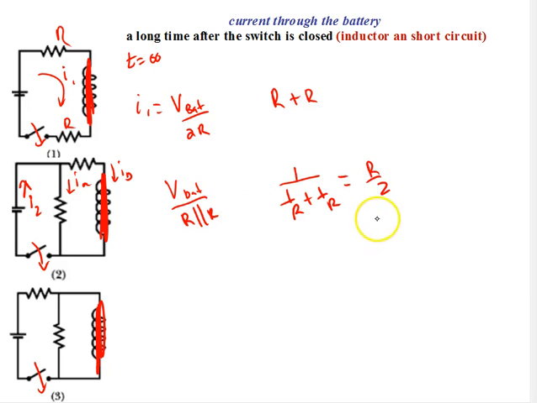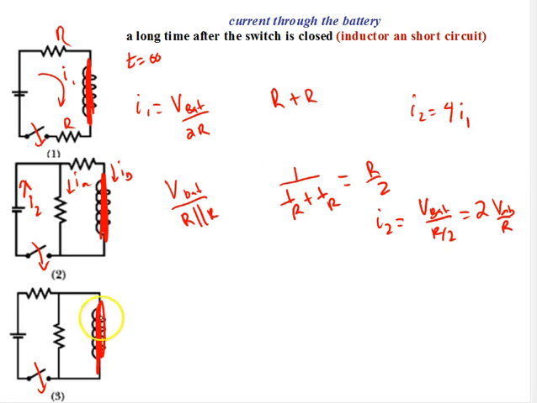So here our current I2 is going to be equal to V battery divided by R over 2, or equal to 2 V battery divided by R. So instead of V battery divided by 2R, this current is going to have to be 4 times I1.